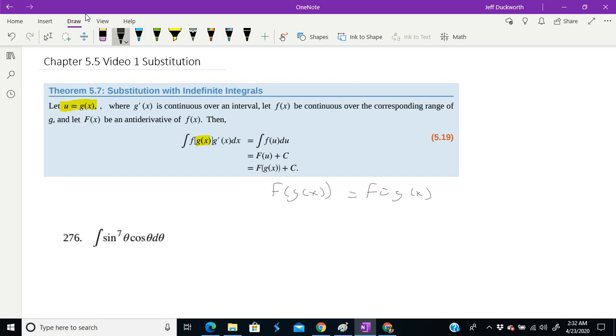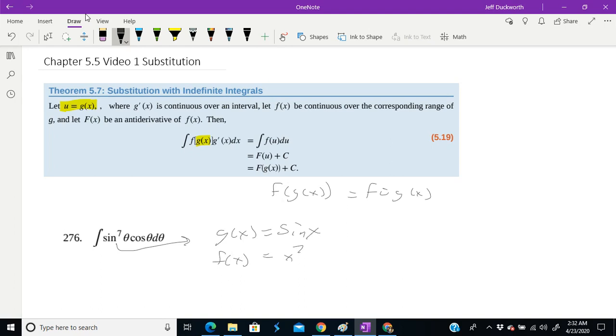In our example down here, our G of X is equal to sine, I guess we'll call it sine of X instead of theta. And our F of X is going to equal X to the 7th power. And that will get our composition of sine of X to the 7th power, or sine of theta to the 7th power.